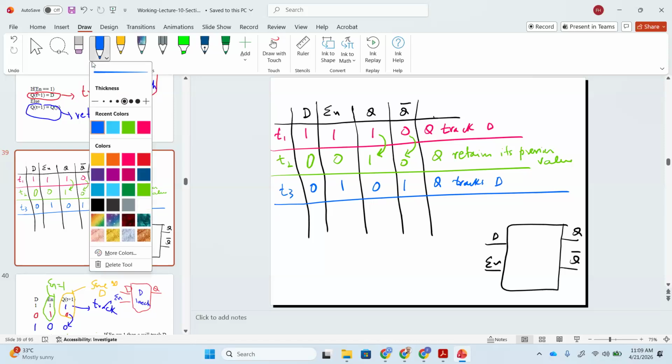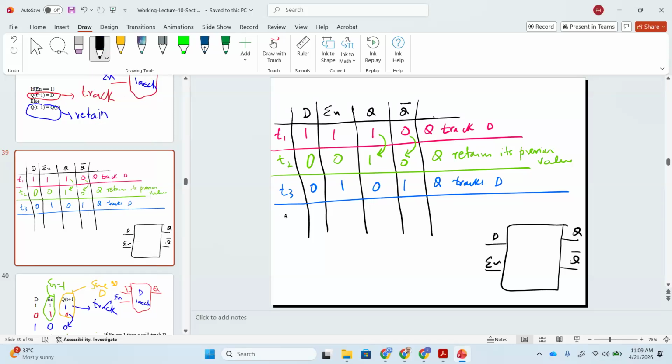So let's assume we are moving to time t4. At time t4, d is 1 and enable is 0.